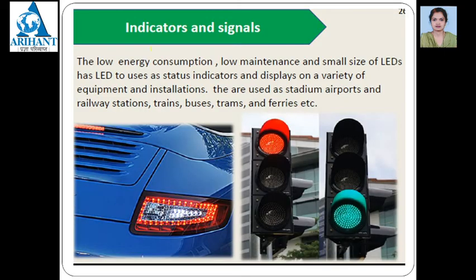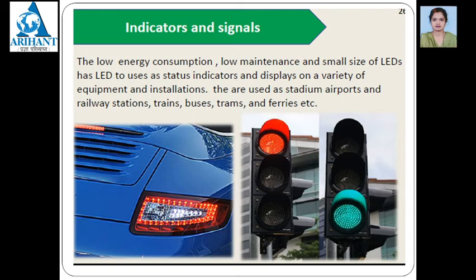Basically, we will see how these are used as indicators and signals. In this signal, if you go into detail, you can see the LEDs used in a circular path. When all the red LEDs glow, you get the red signal. When all the green LEDs glow, you get the green signal.